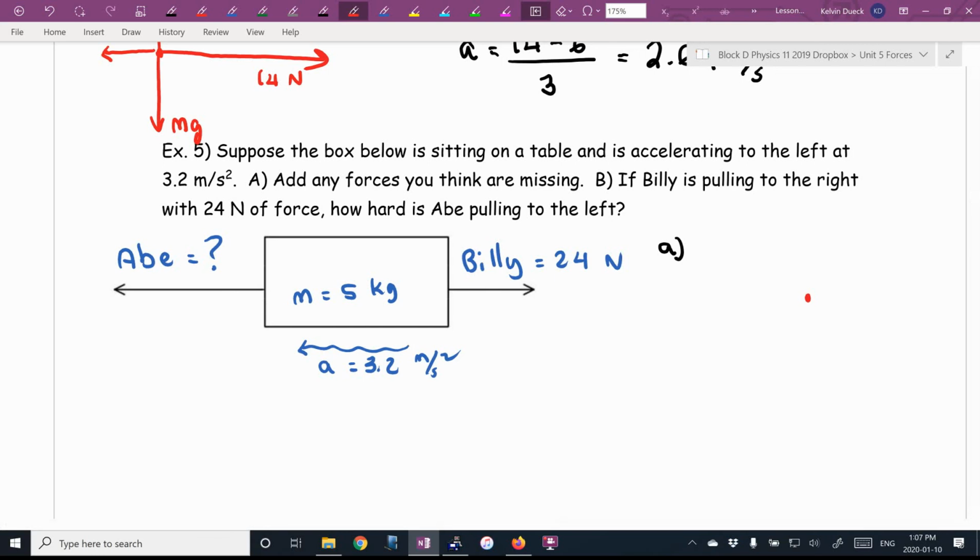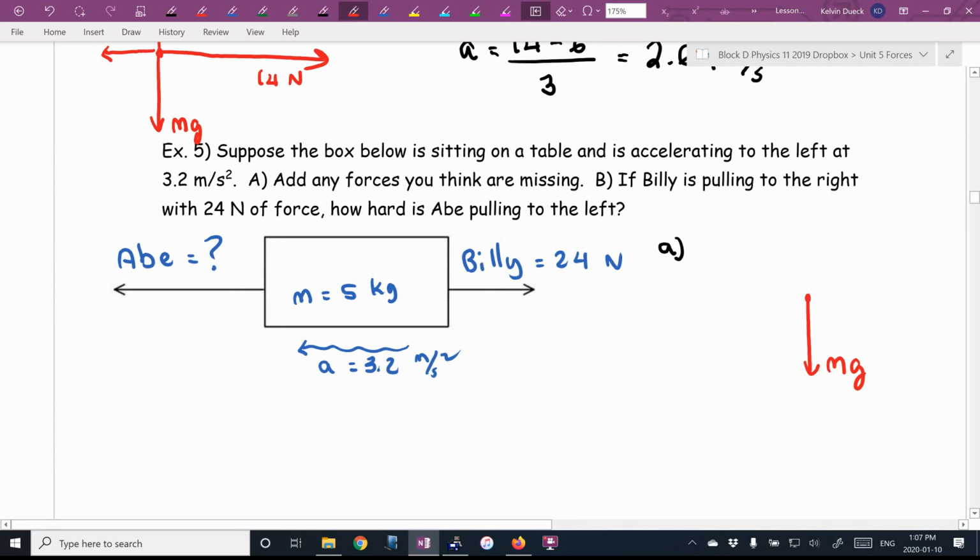What are the forces acting on this box? Get the obvious one. Somebody say it. Thank you. Apparently not so obvious.